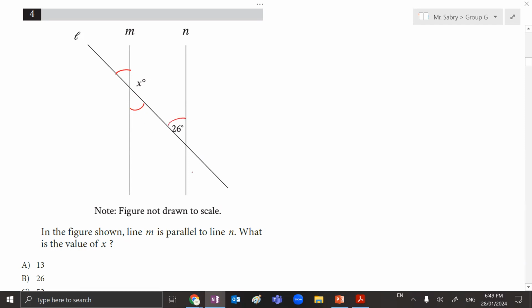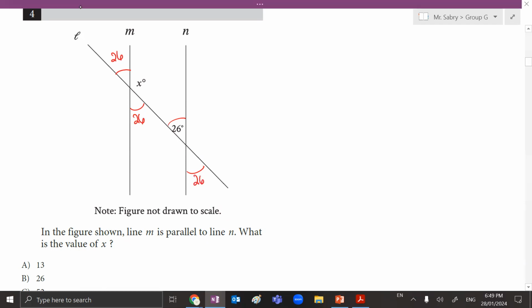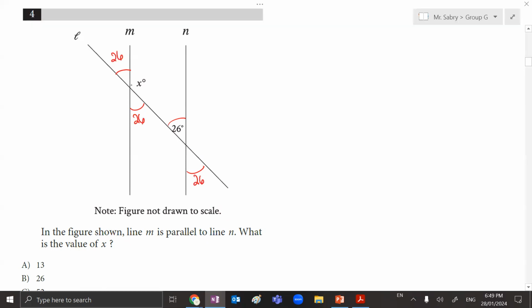Because this is acute and this one is acute, they're all equal to each other, which means that this is 26, this is 26, this is 26, and so on. Now, all the obtuse angles, for example this one, that one, this one, that one, are also equal to each other. Now, any obtuse plus any acute is equal to 180. Those are the rules of the parallel lines.